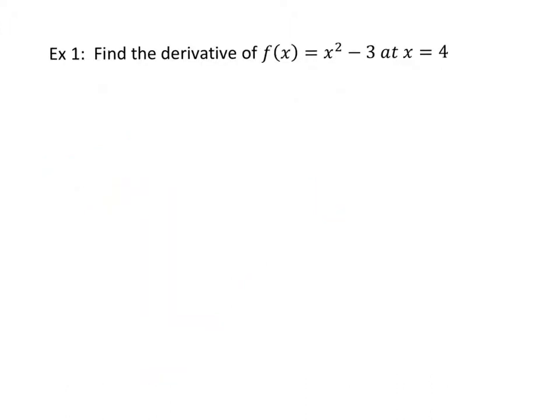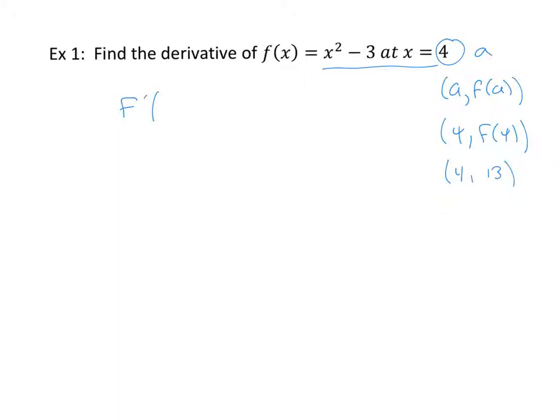So let's start with this example. Find the derivative of f of x equals x squared minus 3 at x equals 4. So we use our definition, and we say f prime of, so my a is my 4, and of course our f of x is x squared minus 3. So f of 4 is 4 squared minus 3, which is 16 minus 3, which is 13.